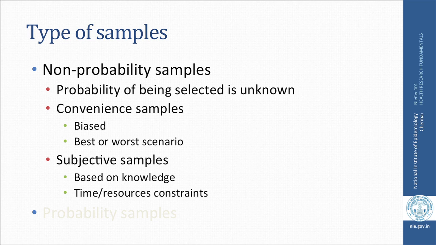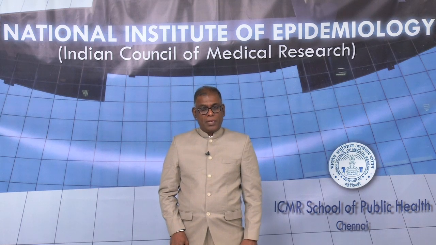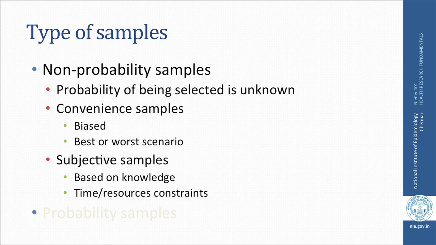In a non-probability sample, the probability of being selected for your study is not known. It could be a convenience sample, a purposive sample. You just take whatever region is convenient to you, close by to your place, and you can go and see the first 100 people that you come across.